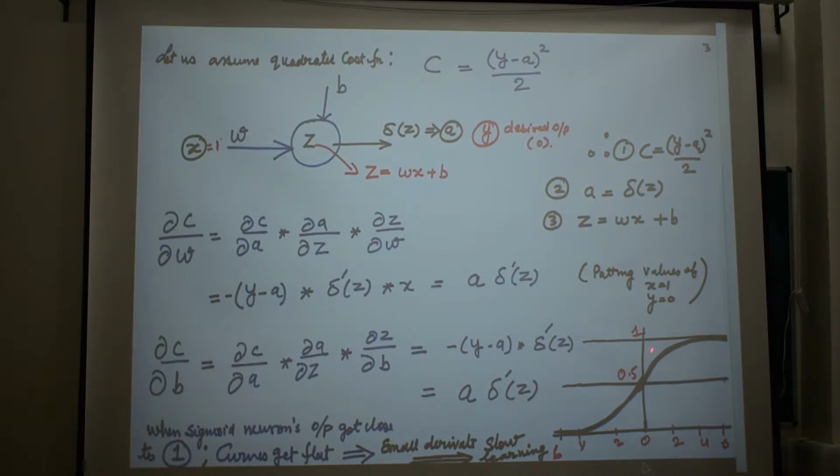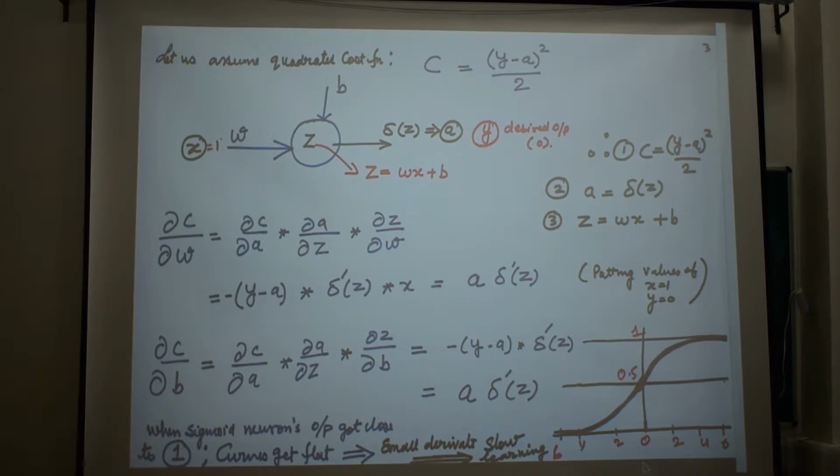This is happening here because your function is going to be saturated at this place. So the derivative here is going to be very small, and because of that these things are going to disrupt. You understand? This is the problem we saw last time, and most of the time, this is the main problem with saturating activation functions.